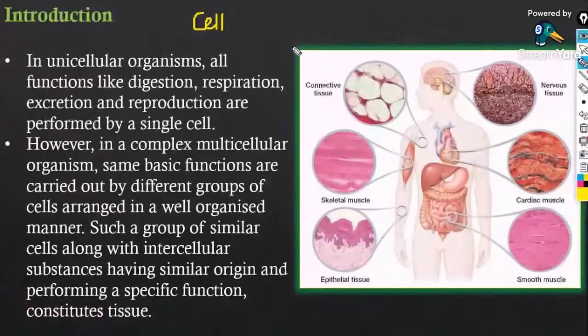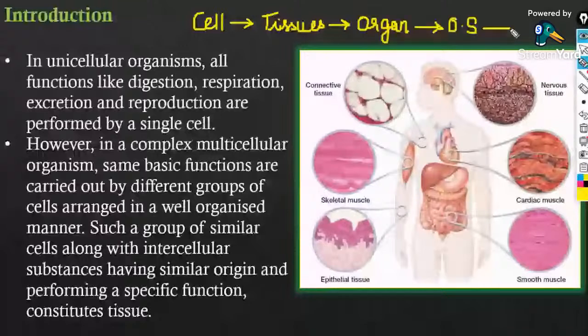Cells unite together to form the tissues. A group of cells together forms the tissues. A group of tissues performing a similar function comes to form an organ. A group of organs forms an organ system, and a group of organ systems forms an organism.